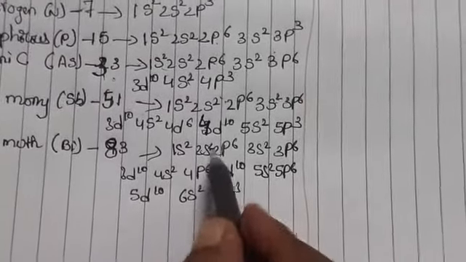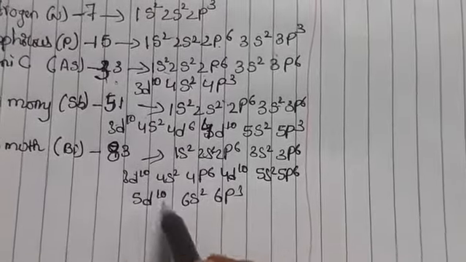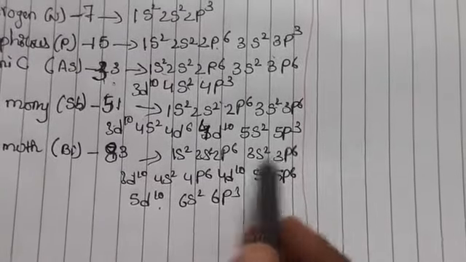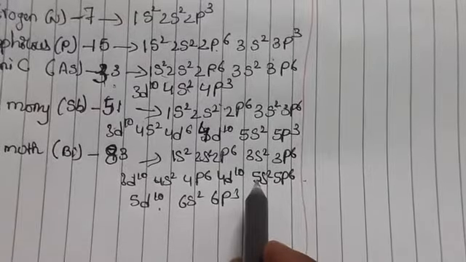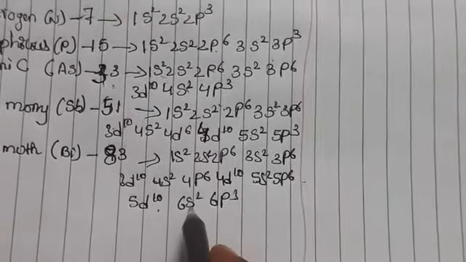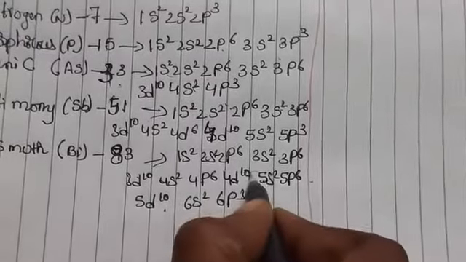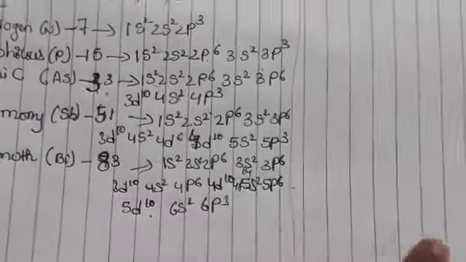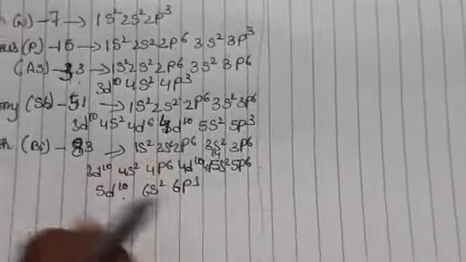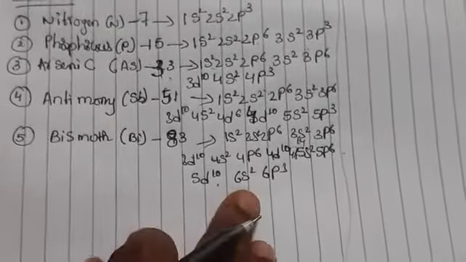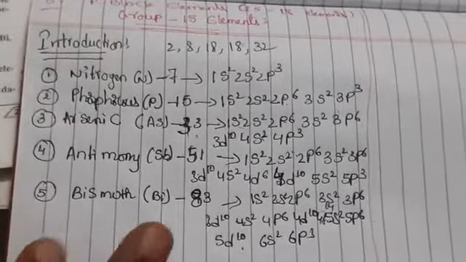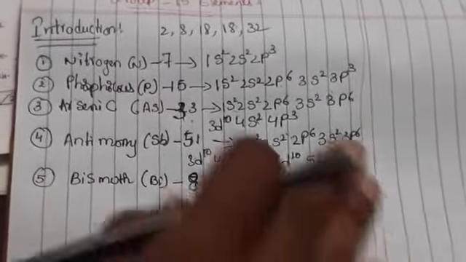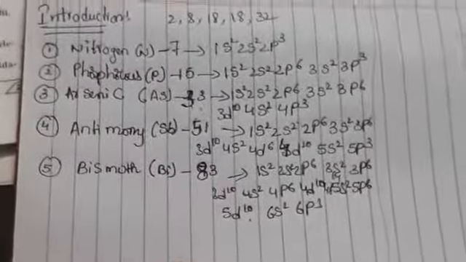Count once: 10, 20, 30, 40, 50, 50 plus 14, 64, 64 plus 4f14, 78, 78 plus 5, 83. So this is the electronic configuration, and these are the 15th group elements.